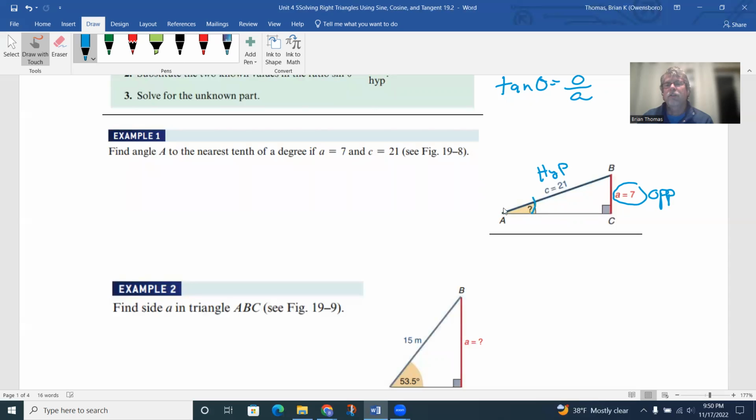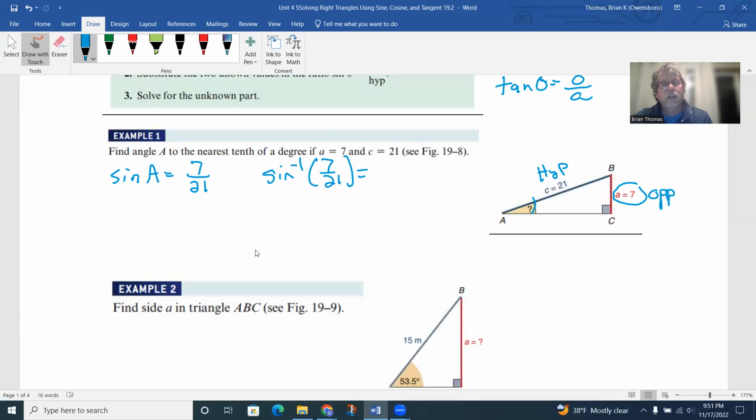So I can use sine here. The sine of angle A is going to equal 7 over 21. Now, what I can do is use the inverse to actually find the angle. So to find the angle, we do the inverse sine of 7 over 21.